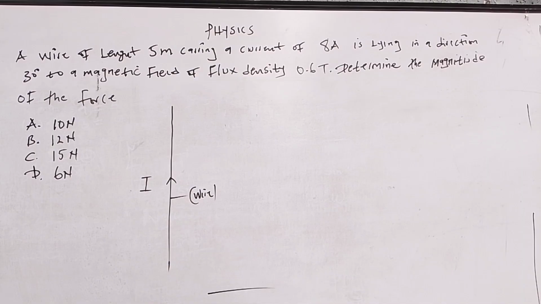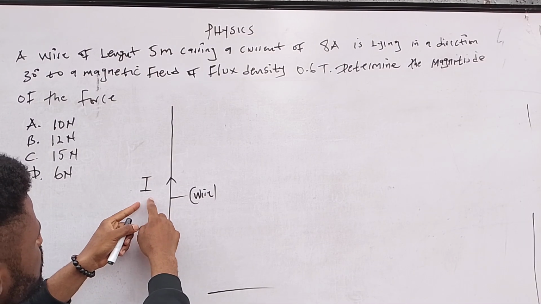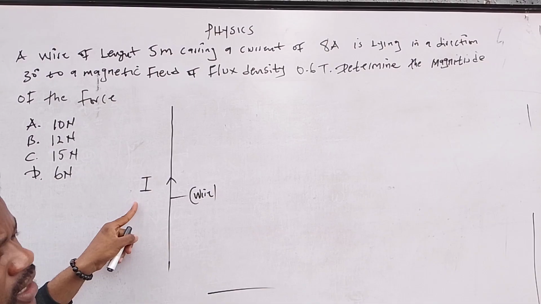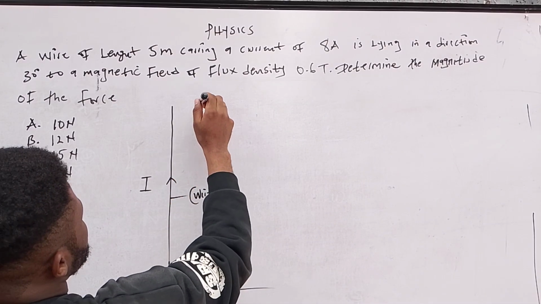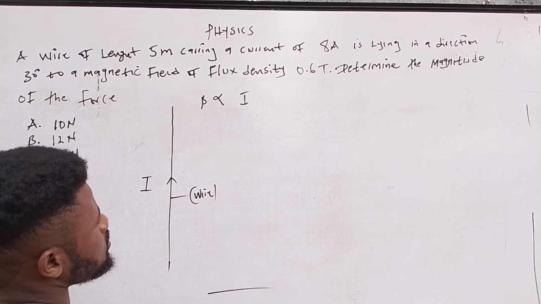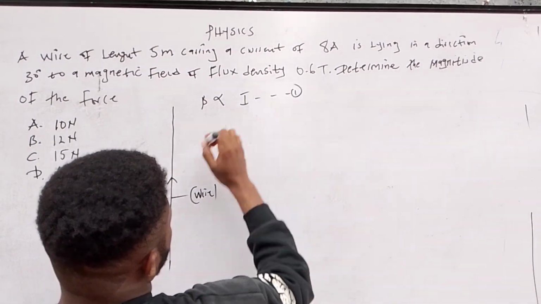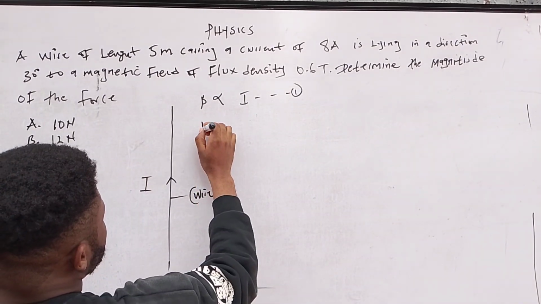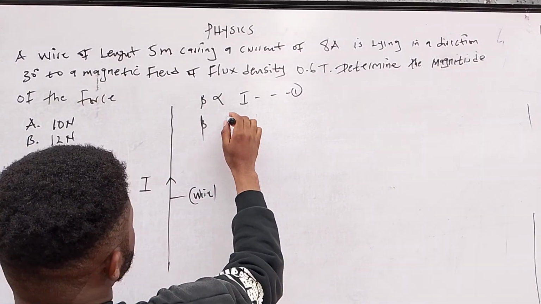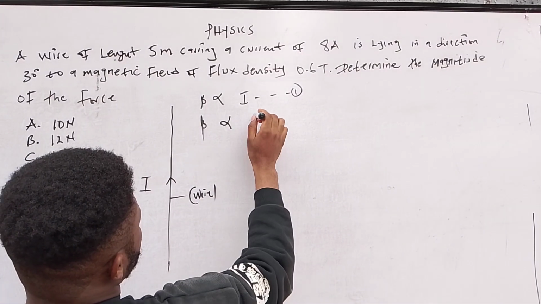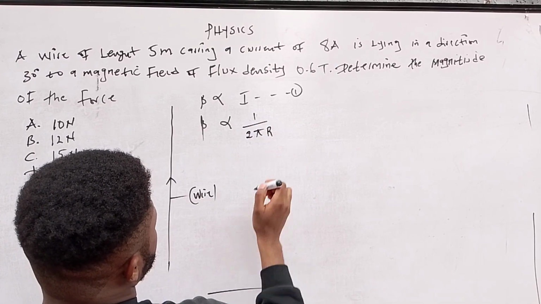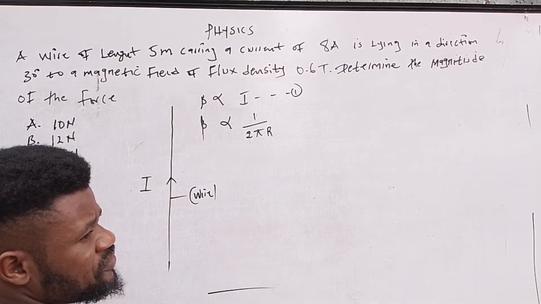Now, you must realize that the current will create its own magnetic field. And the magnetic field created is directly proportional to the current. I will call this one equation 1. And the magnetic field created by the current is inversely proportional to 2 pi r. 2 pi r, we refer to it as what?